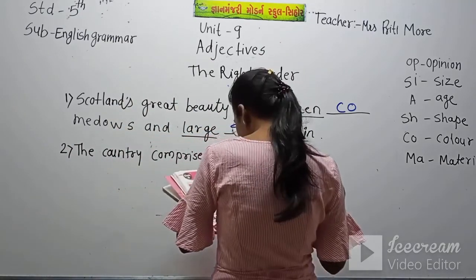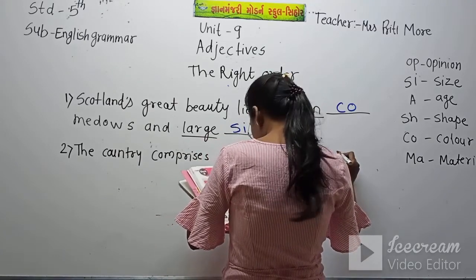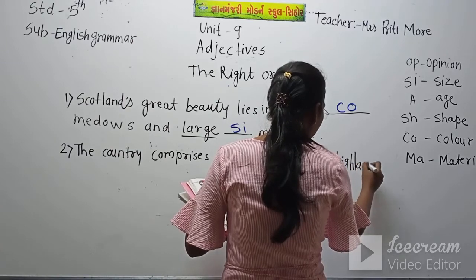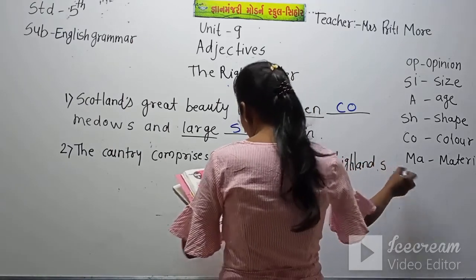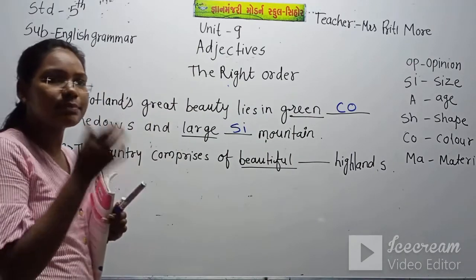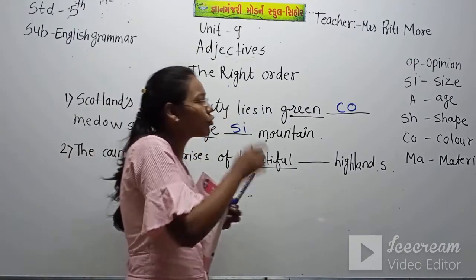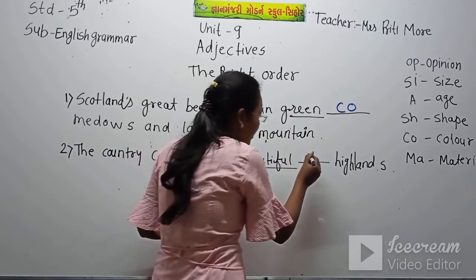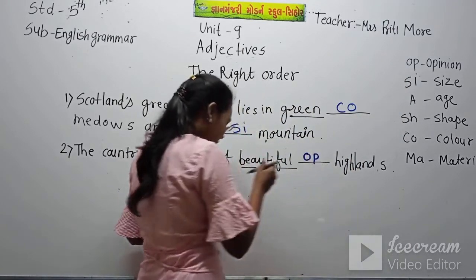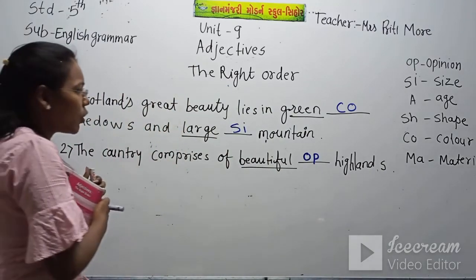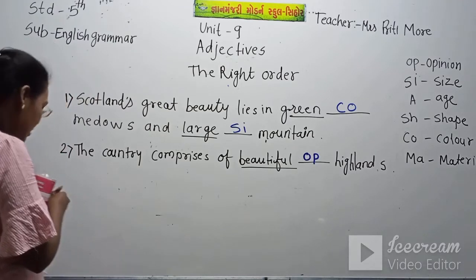Beautiful is highlighted. This beautiful is opinion, and for opinion we write OP. The country comprises of beautiful highlands.